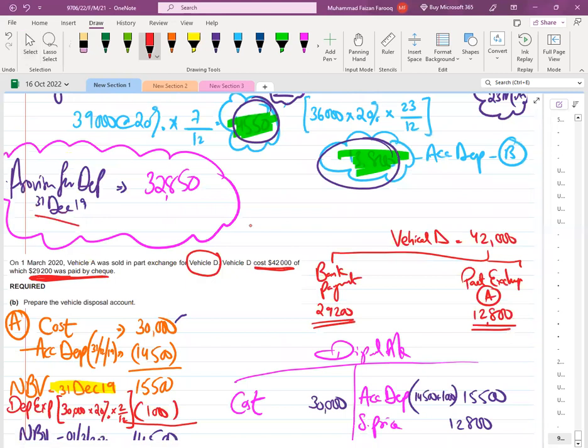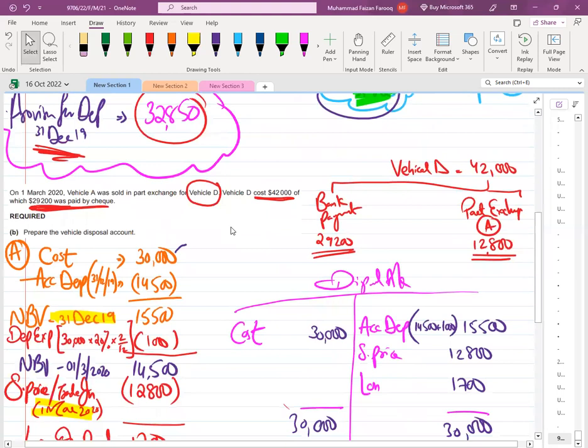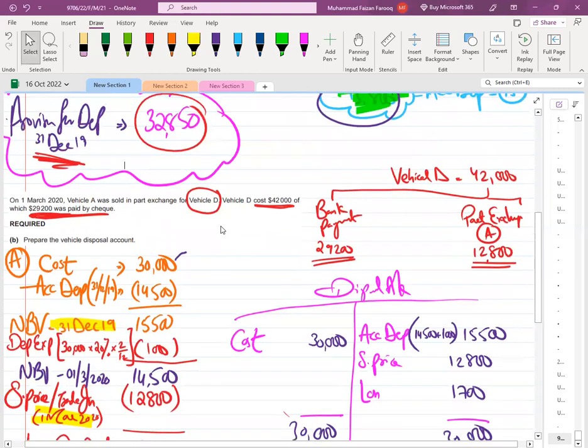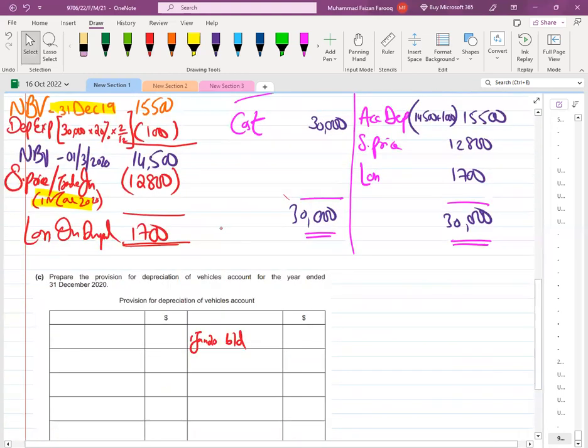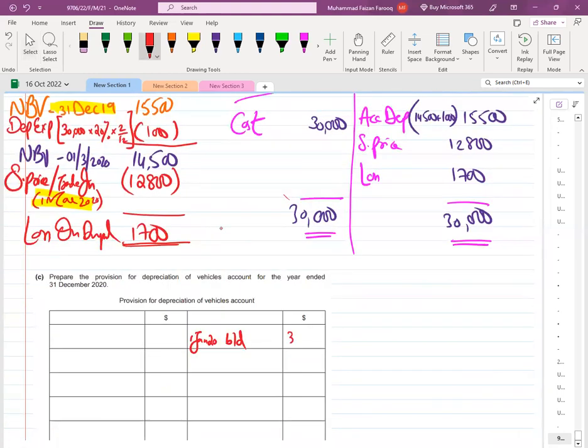We have here, look, the closing balance of December 19. CD of December 19 is always BD of January 20, right or wrong? 31st December 19 CD, 32,850. Yes. We disposed of one asset and because of the disposal, the accumulated depreciation of that particular asset will go out.